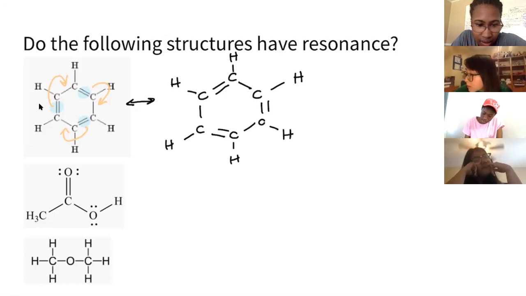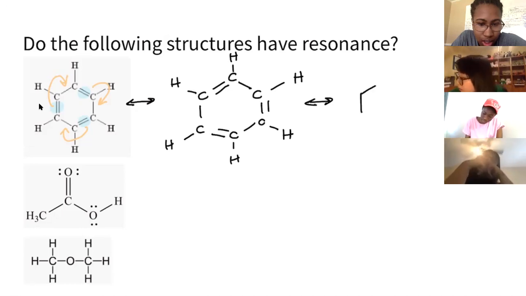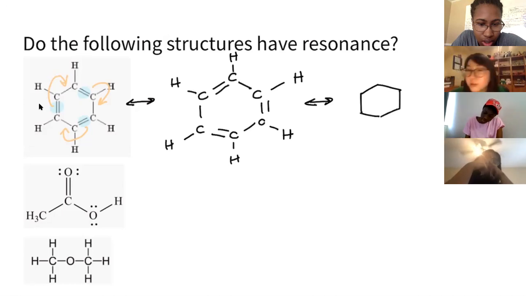There's also an intermediate structure you could draw, which would be just putting the electrons on a carbon instead. So let's put them in this guy.